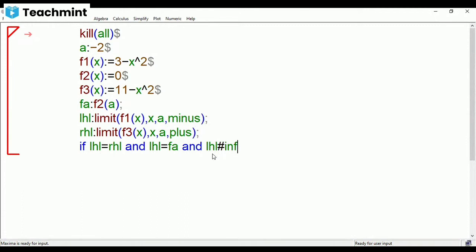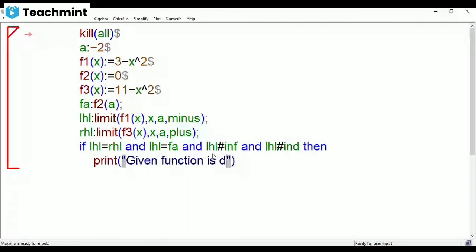LHL is not equal to infinity, and LHL should not be equal to indeterminate. Then you have to print given function is continuous at x equal to, after this double apostrophe, put a comma, a.